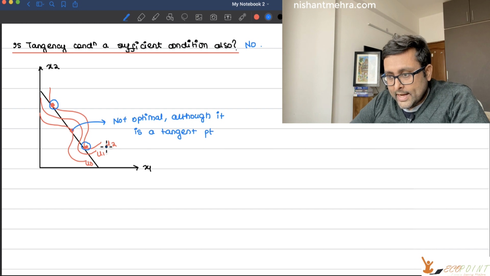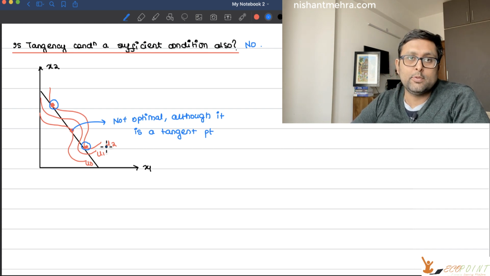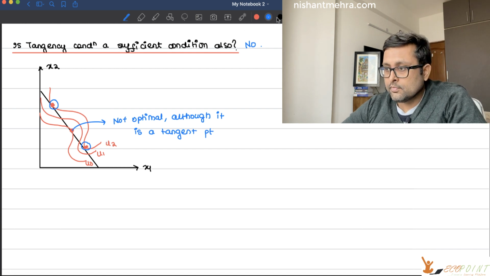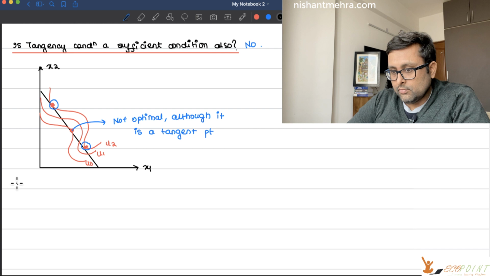So can you have a case where the tangency condition is both necessary as well as sufficient? Yes, in case of strictly convex preferences.